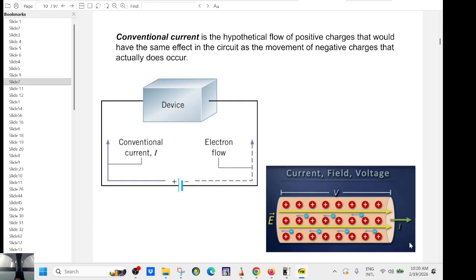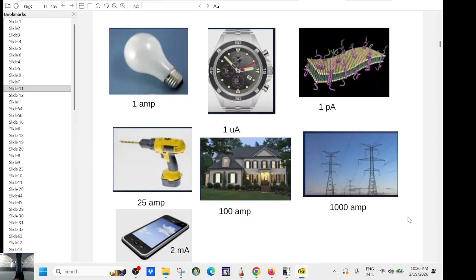Conventional current is positive coulombs, each one a coulomb, going with the electric field. Each time a charge is moving, it's because you have an electric field. In reality, it's electrons moving against the electric field, but this is conventional, and it's easier to explain.